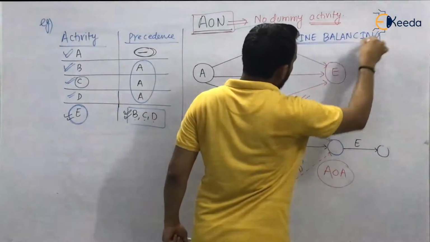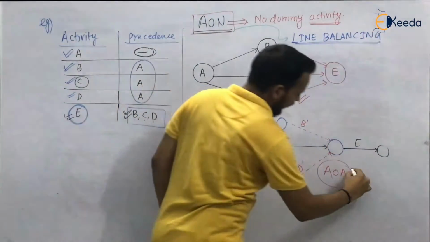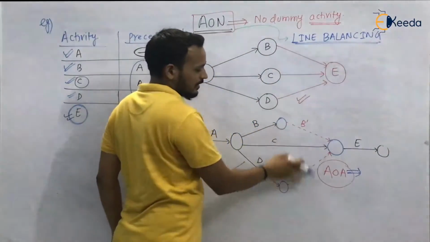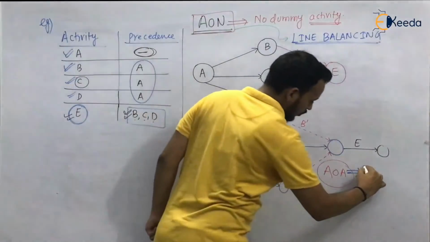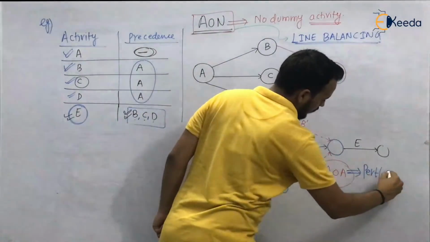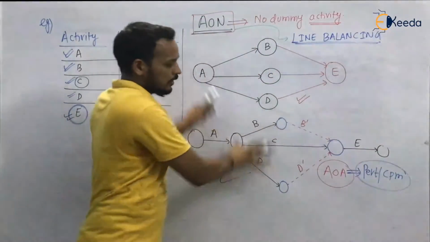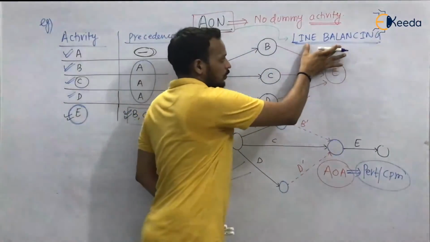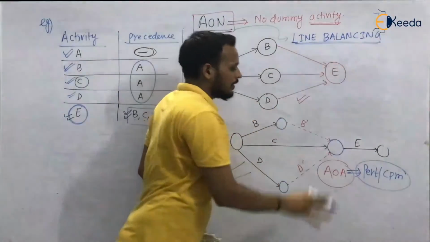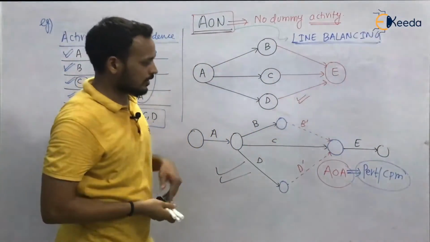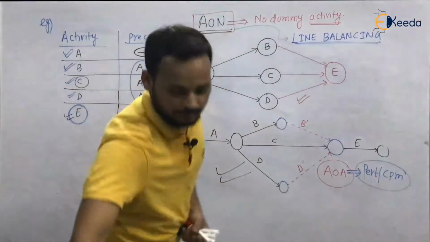The AOA network diagram, in which dummy activities can be used, is used in PERT and CPM most frequently. Not always, most frequently. Both can be used in PERT and CPM. Okay, so just practice these examples.